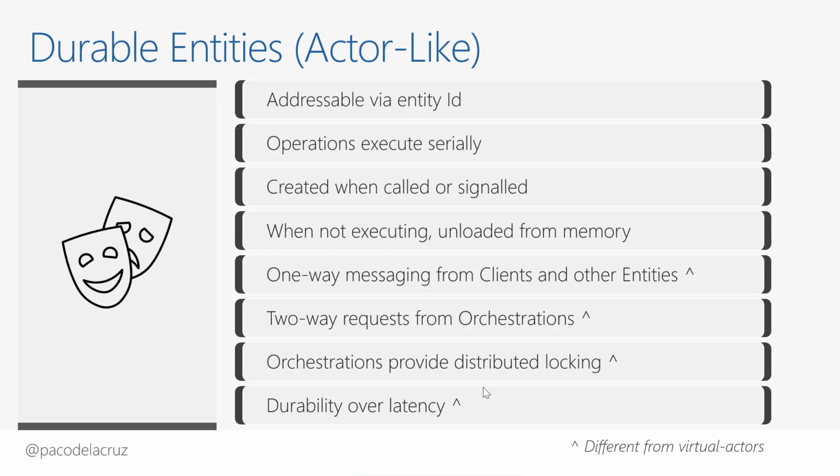And this framework is focused on durability, not on latency, because by default we get a storage account persisting all the state, and storage has some throttling, and everything is implemented via messages in a queue. So there might be some latency in this implementation. We need to be aware of this and understand that this framework is more focused on durability rather than latency.